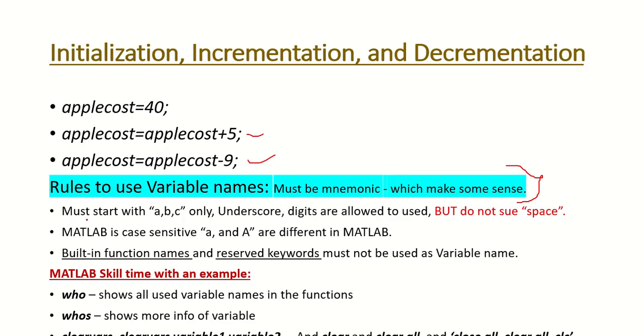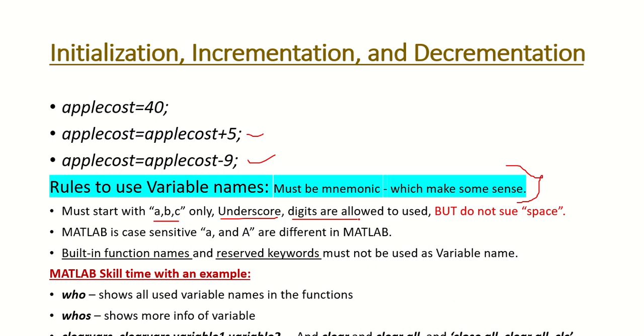And a variable name must start with letters, either capital or small, but for good programming, as said in the earlier notes, using small letters is very good, and we call such people good programmers.